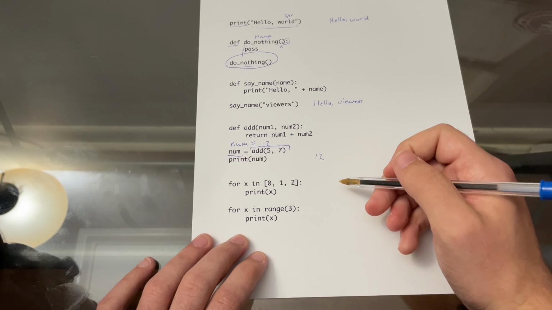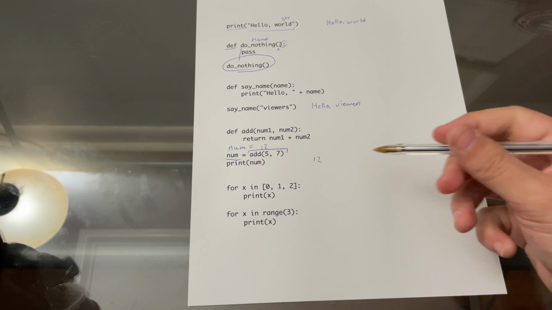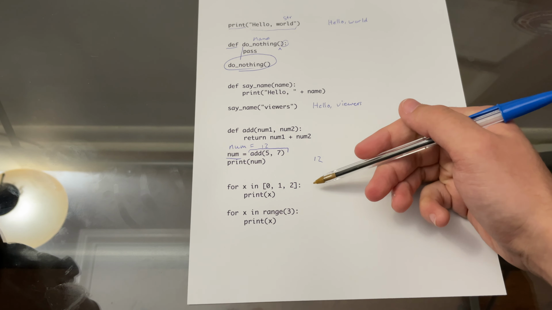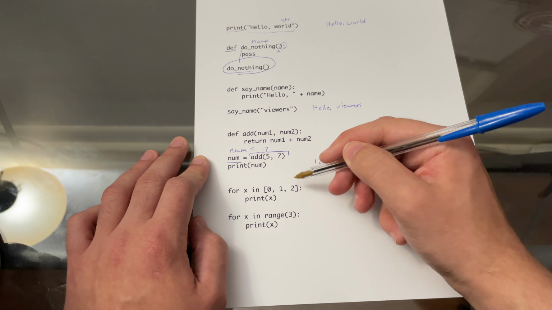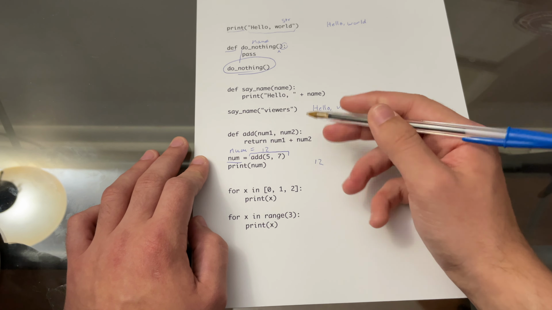So now we can proceed to iterators and for loops, basically. For x in the list or array 0, 1, 2, it's going to run this code that's indented in the for loop for every item in this list or array.